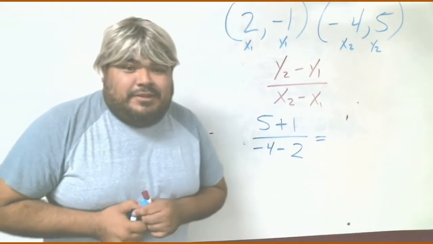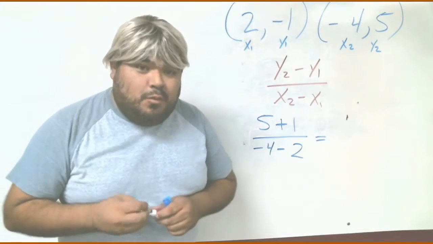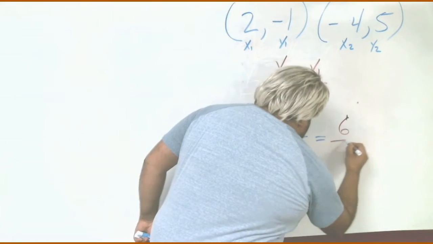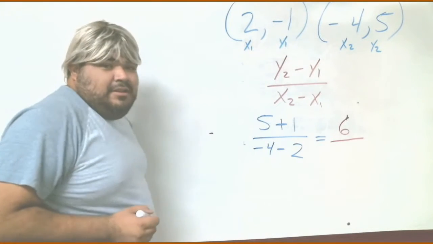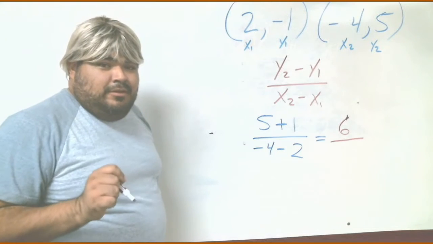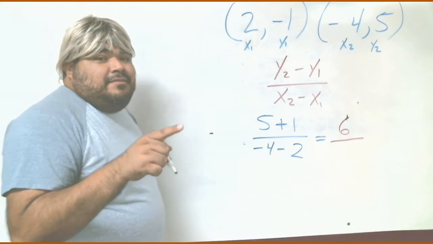So now we can solve it. We have 5 plus 1, which is 6, right? So we have 6 over -4 minus 2, which is -6.